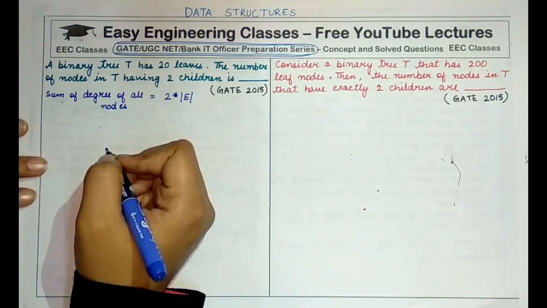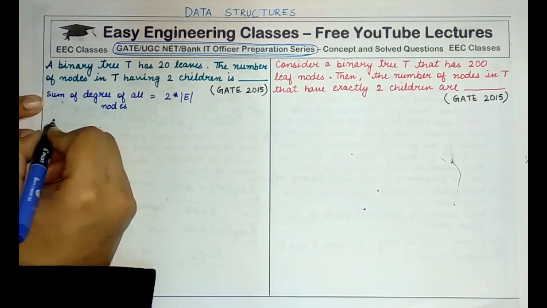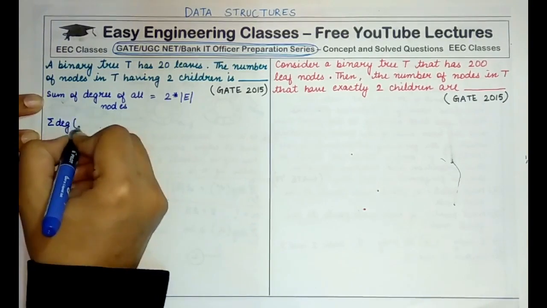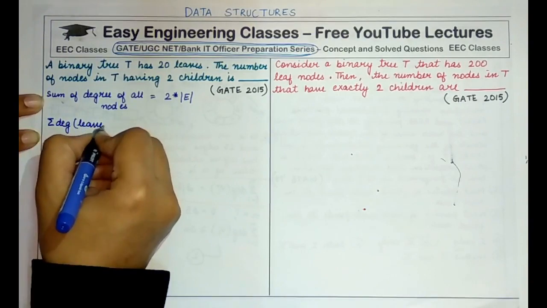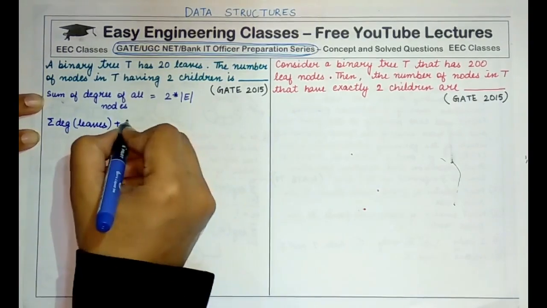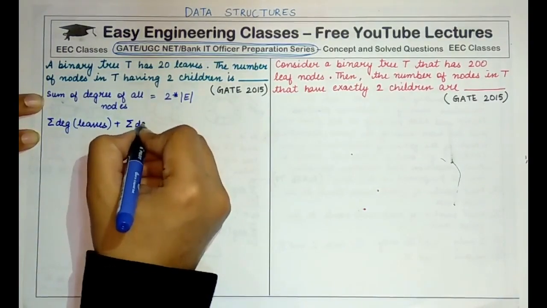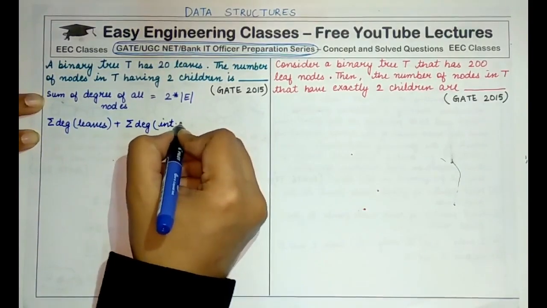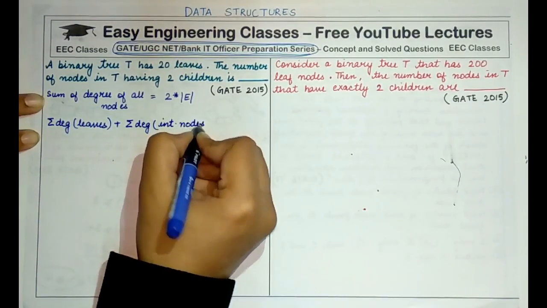So we have basically three types of nodes. So the sum of the degree of leaves plus summation of the degree of internal nodes except the root.